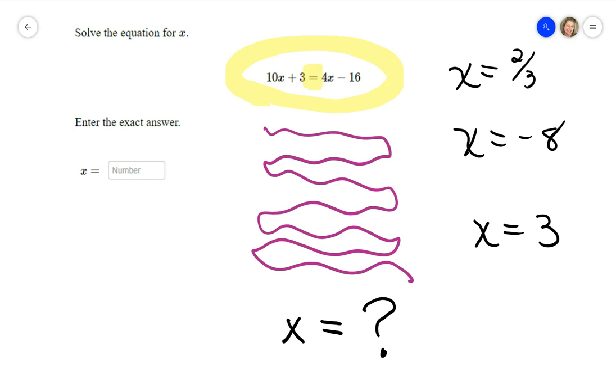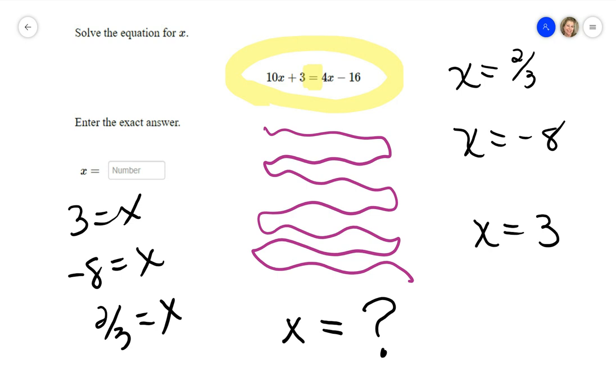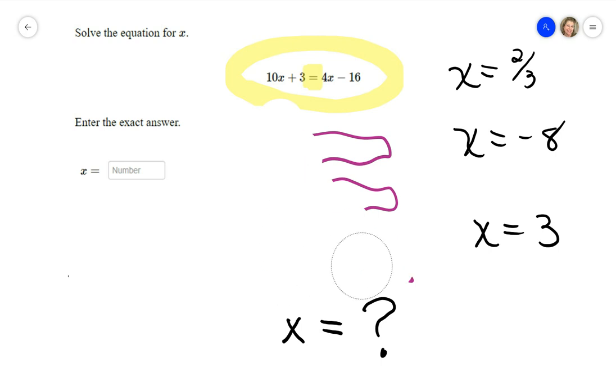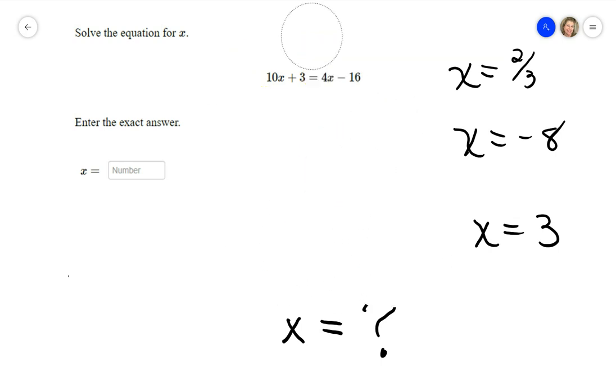Ooh, fractions. But if it's written 3 is equal to x, or -8 is equal to x, or 2/3 is equal to x, it's the same answer, okay? It doesn't matter which side the variable is on, and it doesn't matter which side the number value is on, as long as it's on one of the sides. And it's always going to end that way. X is equal to something.